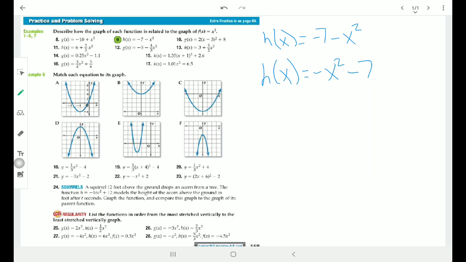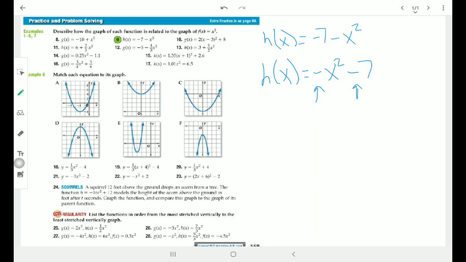Well, I noticed two things. One, this coefficient is negative, so that tells me it's being reflected over the x-axis. And this -7 tells me my y-intercept is being shifted down 7. Okay, so that's how I would explain that transformation on number 9.